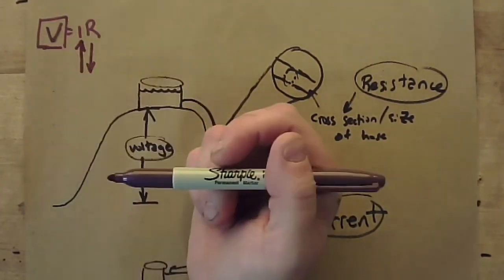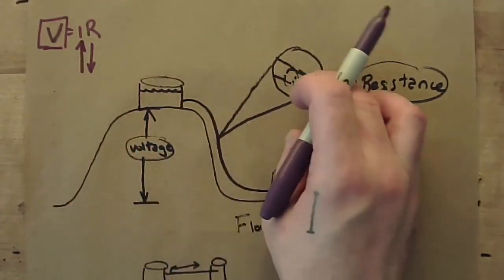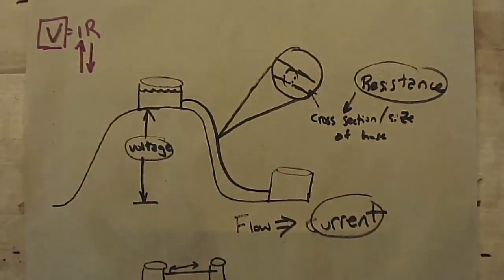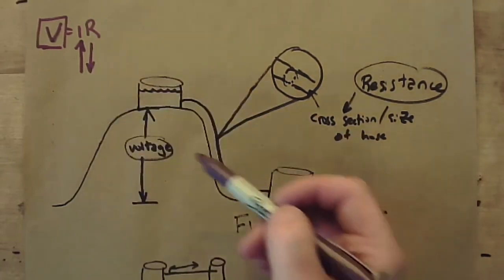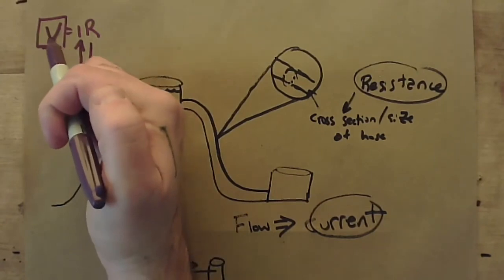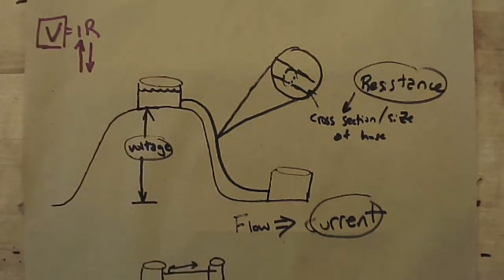Otherwise, voltage will change, which can't happen. Changing our hose size isn't going to make this hill bigger. So looking at this law, if resistance decreases, the flow rate has to increase in order to preserve the value of our voltage.